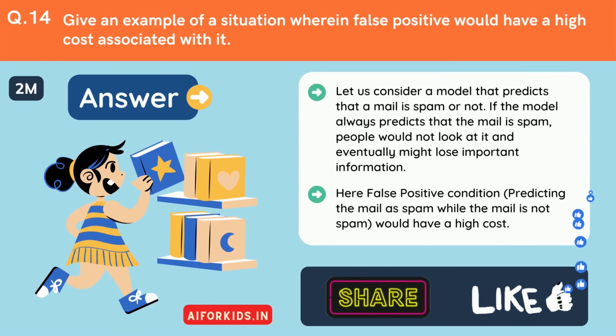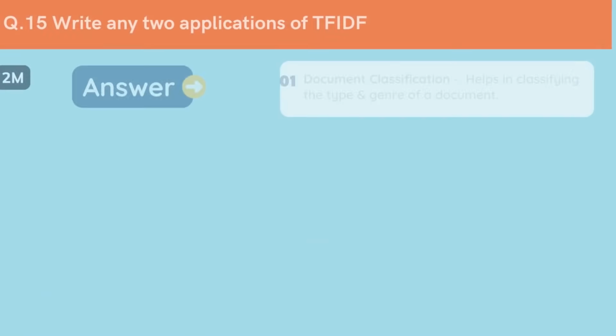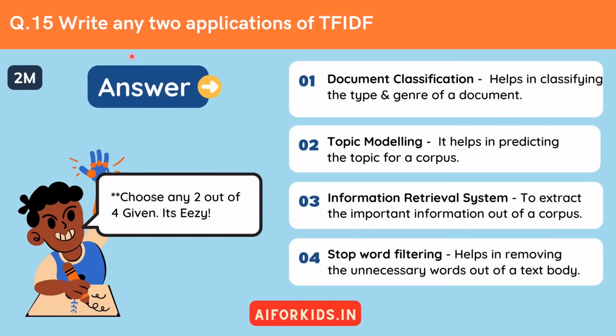So the next question which we are going to discuss is question number 15, and that is of 2 marks. Write any 2 applications of TFIDF. The 2 applications of TFIDF are, we have written 4, as Chintu says we have to choose any 2 out of the 4 given.